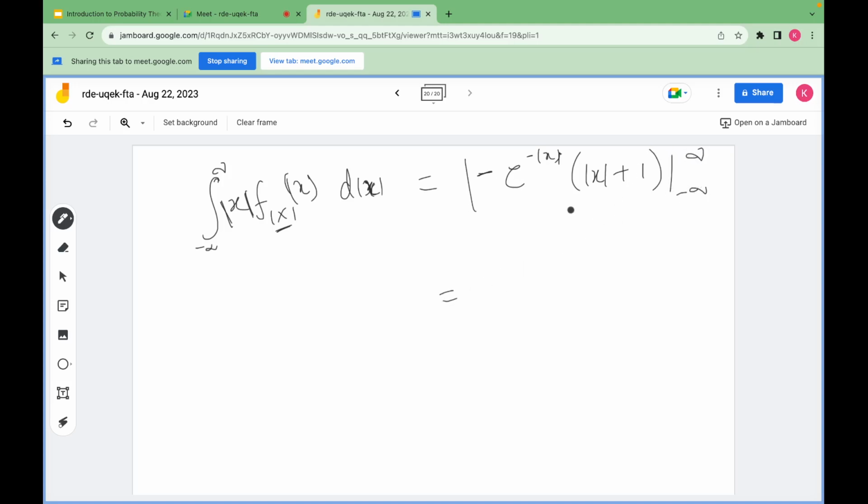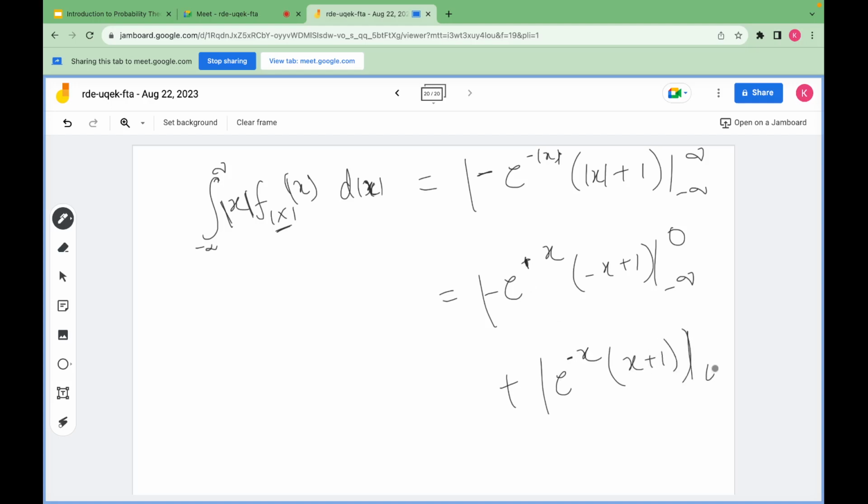So for minus infinity to 0, it will open as this, minus x plus 1, from minus infinity to 0, plus e to the power, this will be positive, sorry, this will be minus x plus 1, from 0 to infinity.